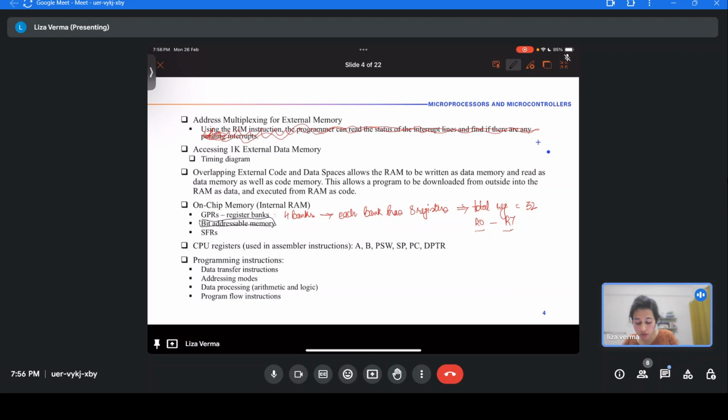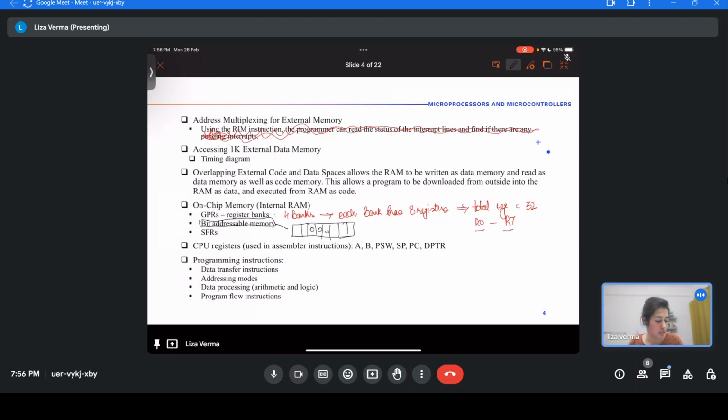Normally the location will have how many bits? 8, right? So you can access individual bits here and change them. Change or copy or whatever operations you do with the whole set of registers, you can do on individual bits in the bit addressable memory locations, right?